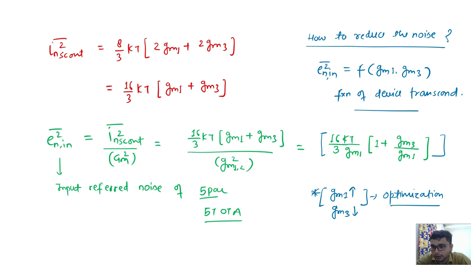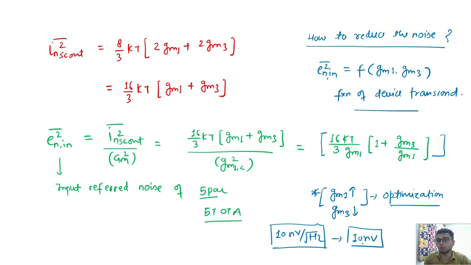Whatever noise value is given, you can link with that. If I want to suppress my noise at some unit frequency, say 10 nanovolt, then we have to think how to adjust my transconductance values.